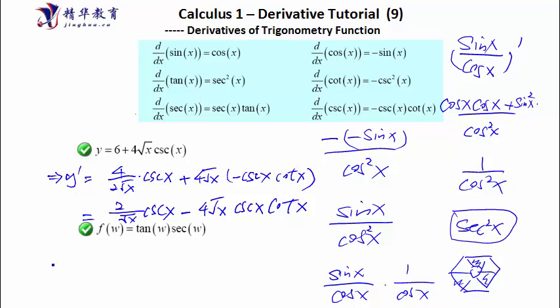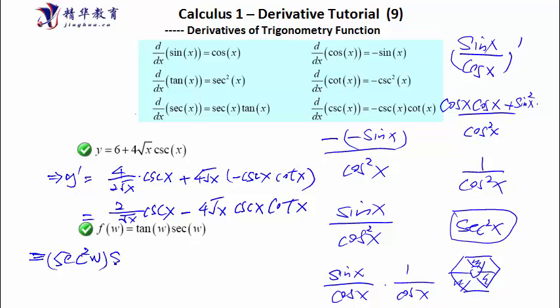Good. The next one is even simpler. We've got tangent w times secant w. The derivative of tangent w is secant squared w. Do not simplify these things right away. That's the product rule. You see that?